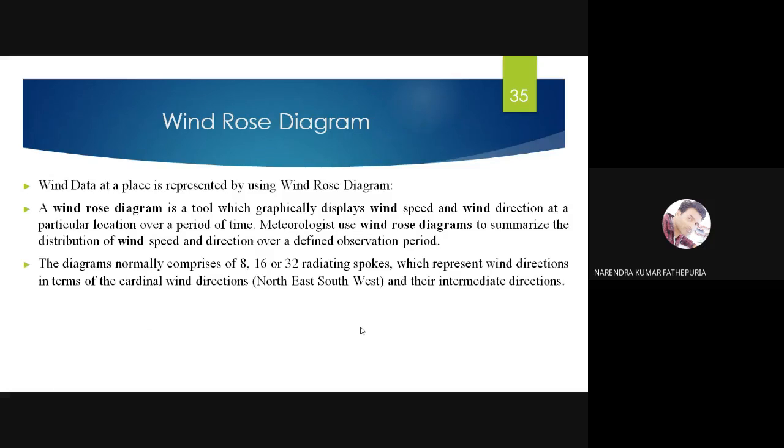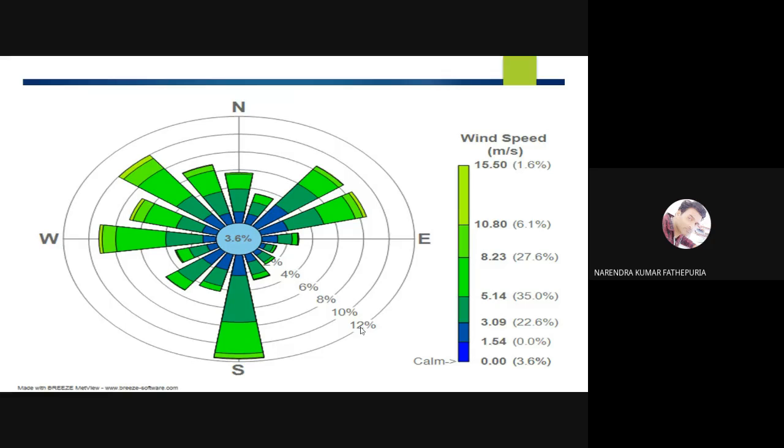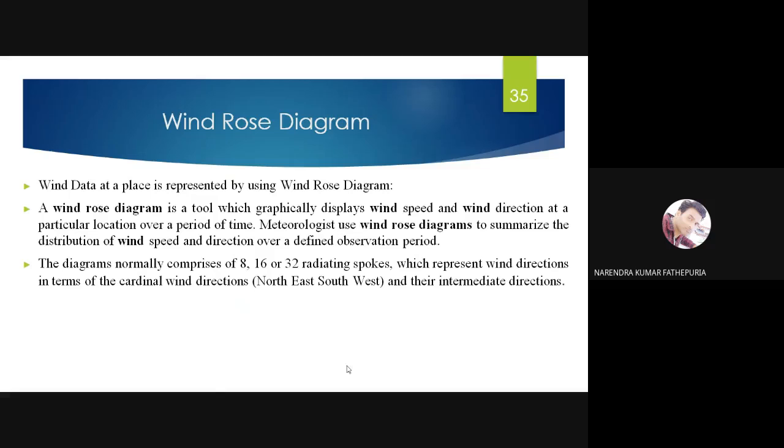Now we'll come to the windrose diagram, which is very important. This is the windrose diagram. Meteorological departments use it for weather forecasting. The wind direction, speeds, and everything will be noted down through this windrose diagram. So wind data at a place is represented by using the windrose diagram.